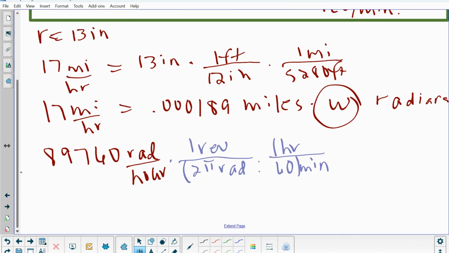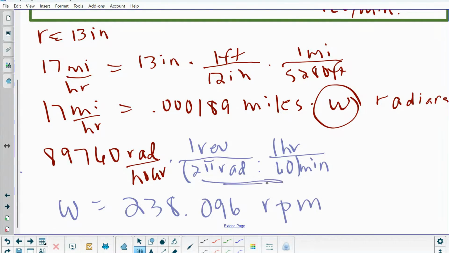So you should get for your angular velocity 238.096 revolutions per minute. And again, type this in yourself so you're practicing it. Otherwise, you might make a mistake in there. So I want to make sure I got all of that correct. I think that's right.